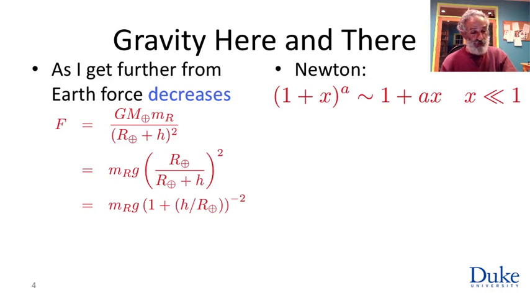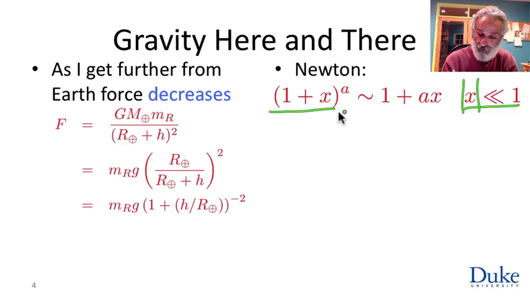It is perhaps the only application of calculus we will use broadly in this class, so I won't derive it, but it's a fact that if you take this combination, 1 plus x to a power, and if x is much smaller than 1 in absolute value, x can be negative or positive, then 1 plus x to the power a is approximately given by 1 plus ax. The smaller x and the smaller a, the closer the approximation is.